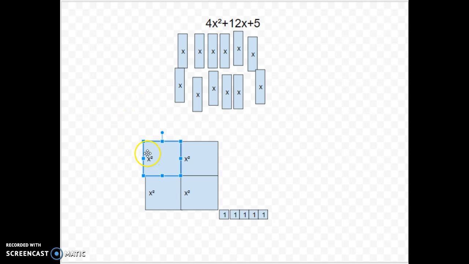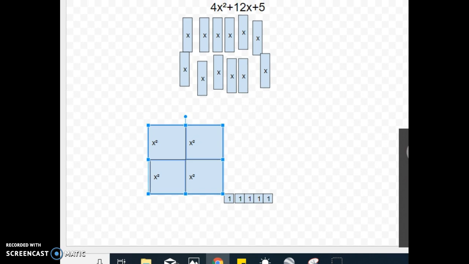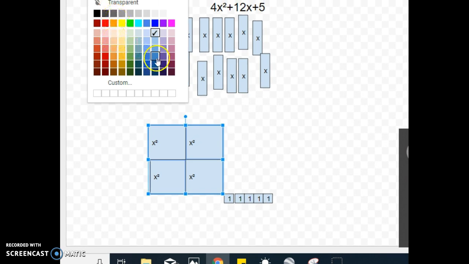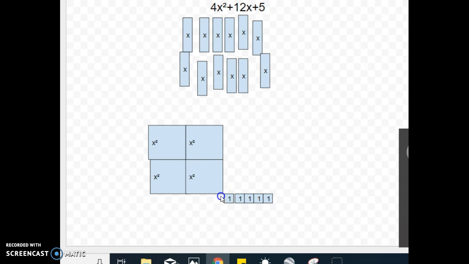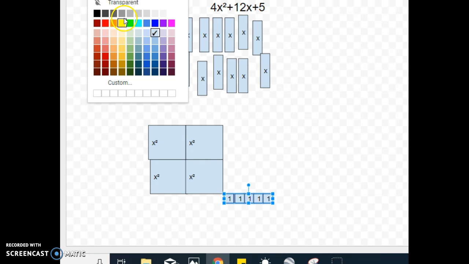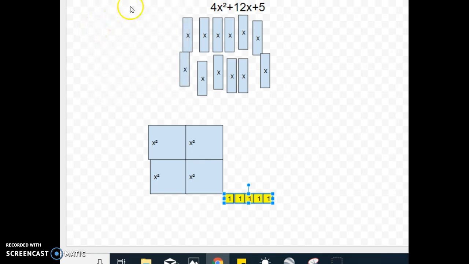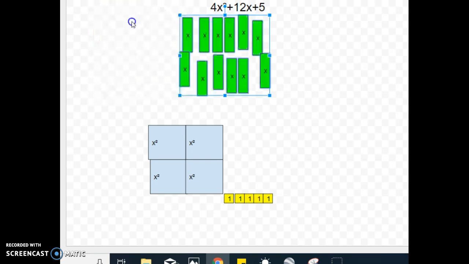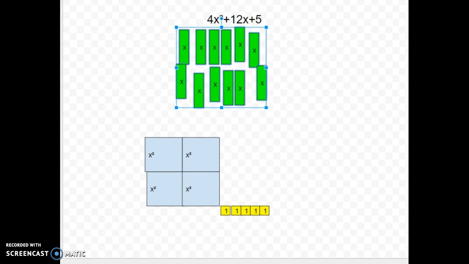So these are going to stay blue. These 1 blocks are going to be yellow. And then all of these X blocks are going to be green. Okay, let's get into it.